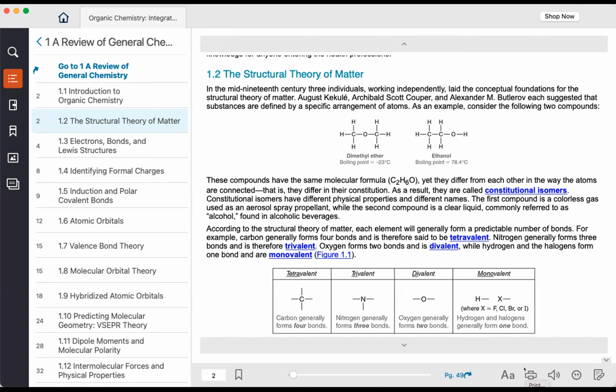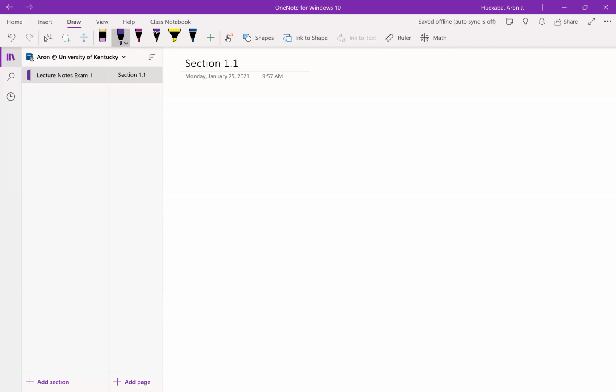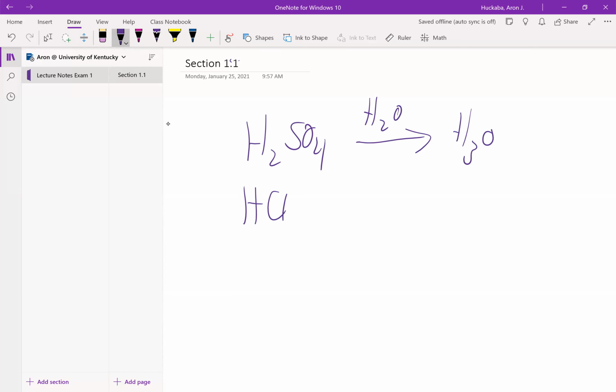What we talk about instead are typically things like H2SO4, HCl, and maybe these things reacting in water to give H3O+ and HSO4-.